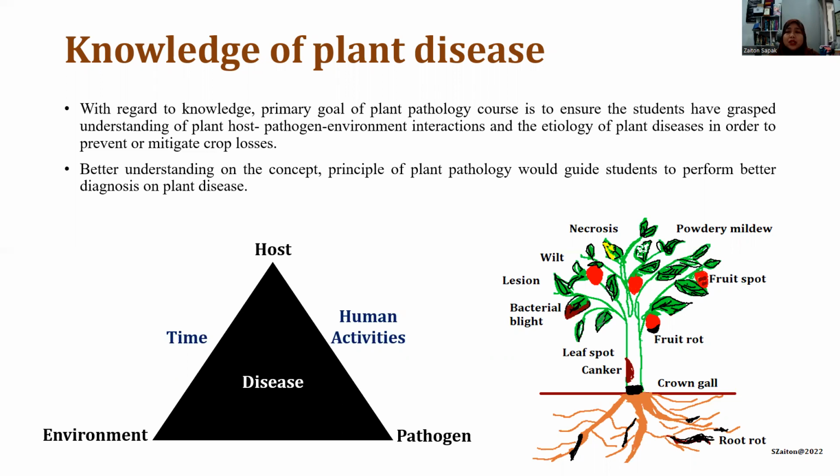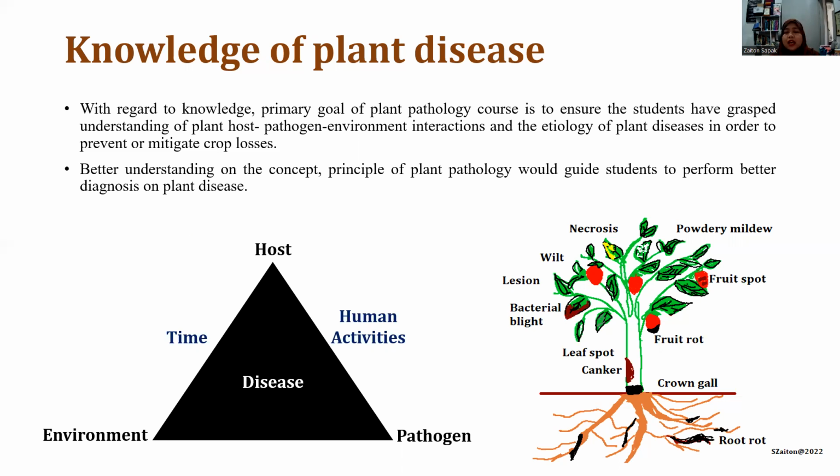Another 2 elements were added, which are time and human activity. When we talk about time, it's about the duration the plants are planted, so the disease could be different in annual plants, perennial crops, or short-term crops.